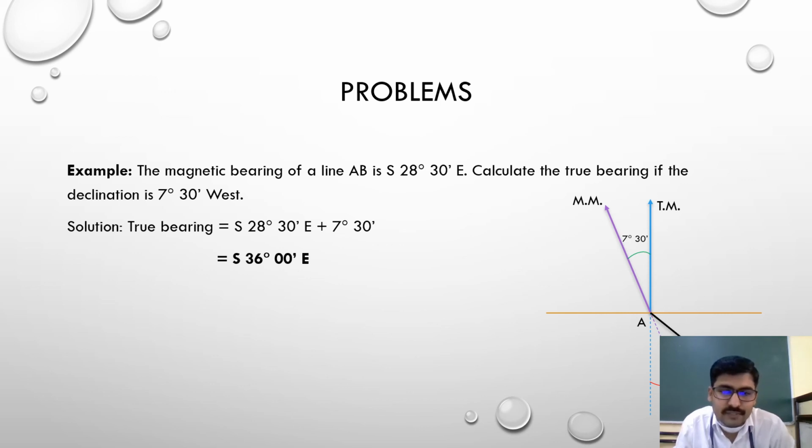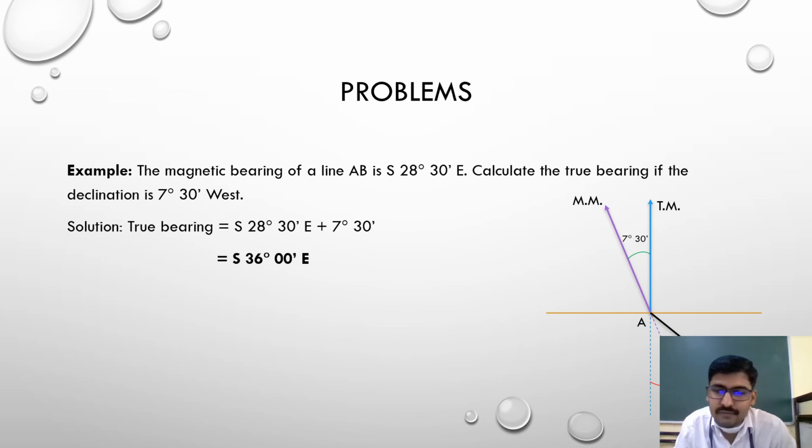So the problem says like this: the magnetic bearing of a line AB is south 28 degree 30 minutes east, right? Calculate the true bearing if the declination is 7 degree 30 minutes west. Now it is the west side.